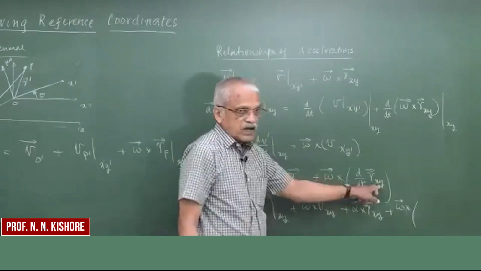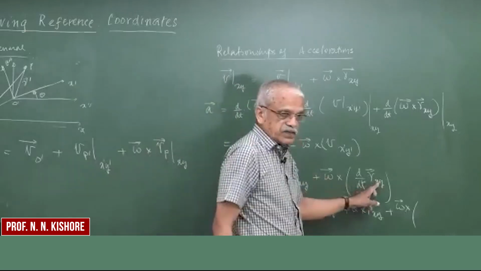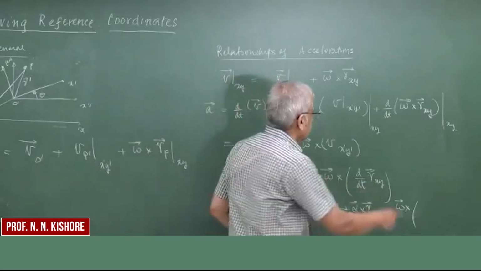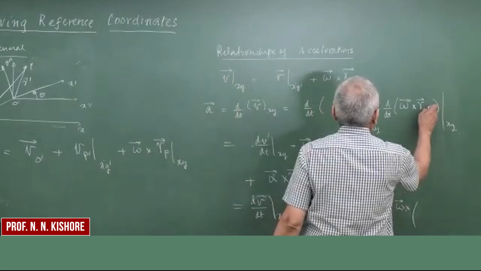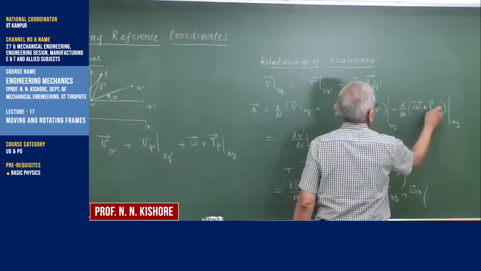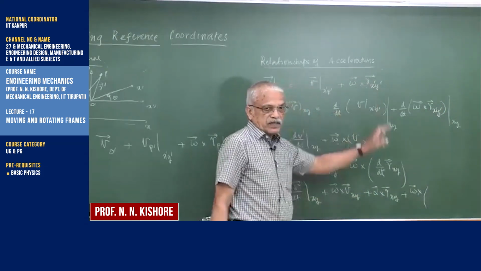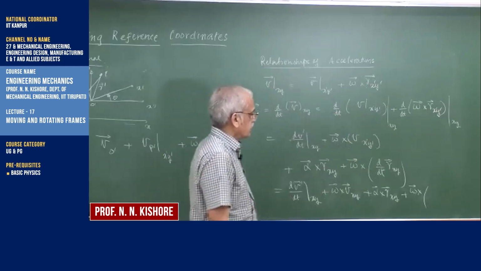What is rxy? Rxy is a position vector measured in the rotating frame, so these are all primes, because all these observations are made in the prime coordinate system.